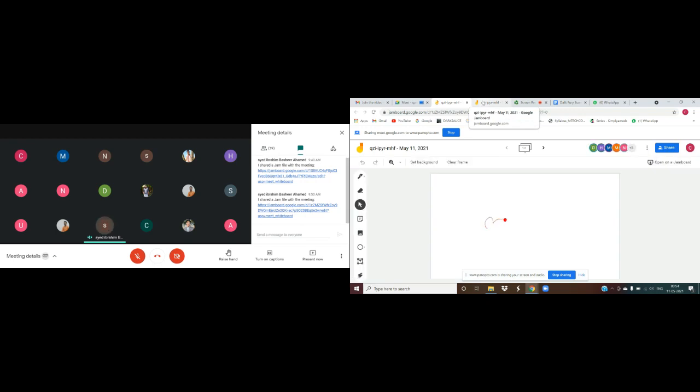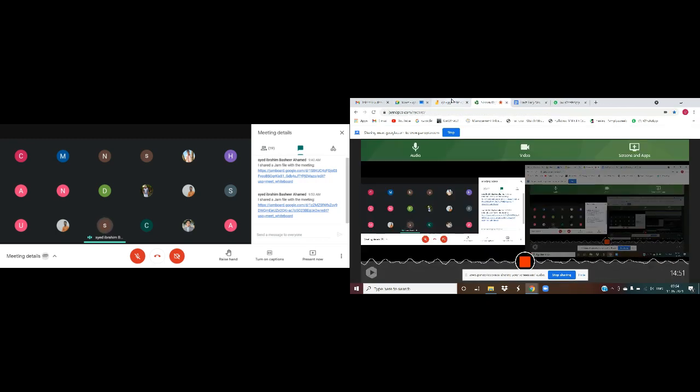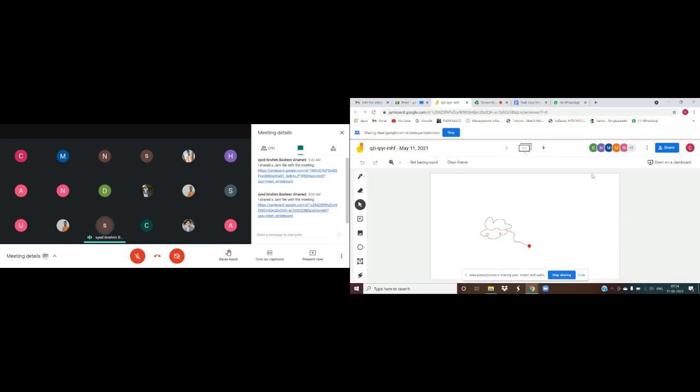As I explained in the previous whiteboard, if I draw a circle from the center of the protein, something like this, it doesn't give any meaning. Because the center of the protein is here, I have to draw the circle from here.